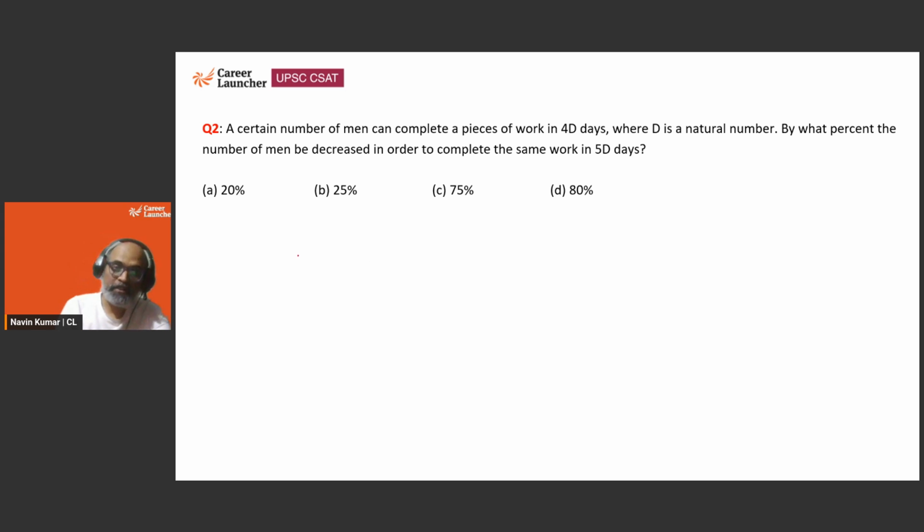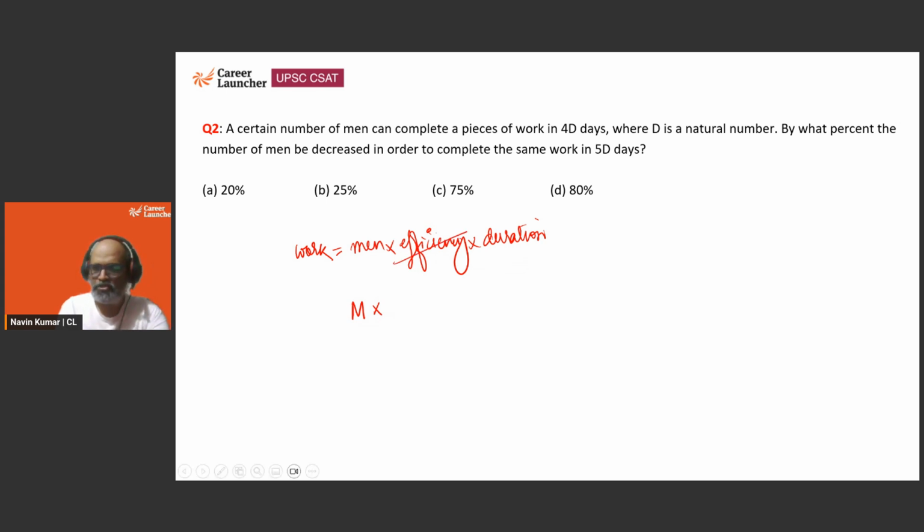There is a formula that work is given as number of men into their efficiency, if efficiency is involved in a problem, into the duration, or how long they are working. Efficiency is not talked about here, so we can ignore this variable. And they are supposed to complete it in 40 days.